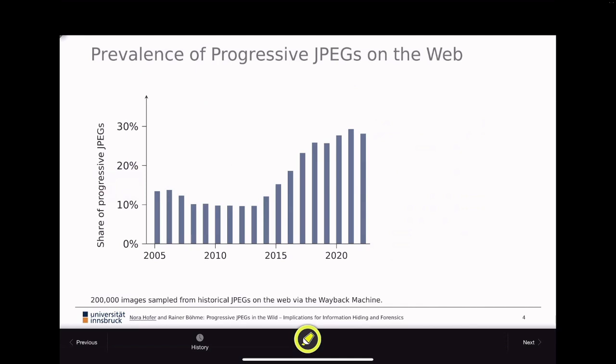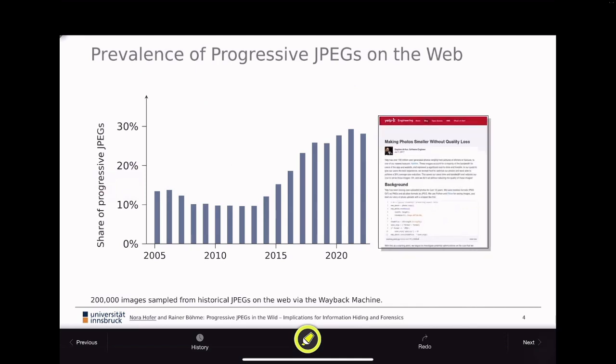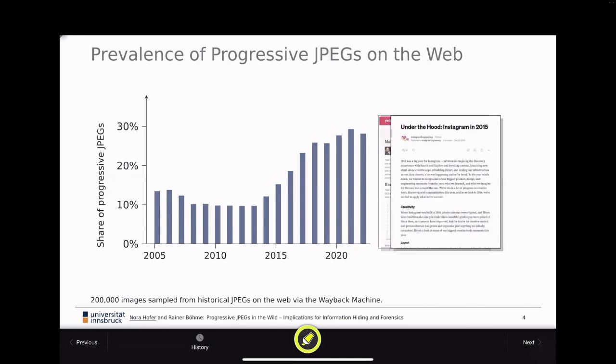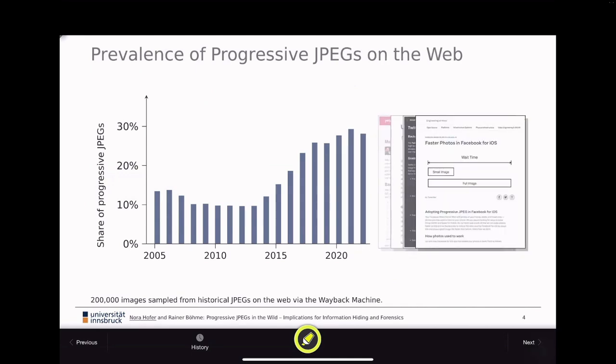Now, we also Googled and we found developer blog entries from Yelp, from Instagram, from Twitter, and also from Facebook, stating why they are adopting the progressive mode for their applications. Now, if we look back at the plot again, we can see an increased share of progressive JPEGs after the year around 2014.